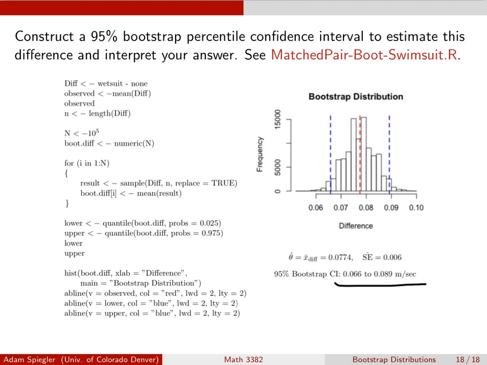And again, what's of significance here is that this interval contains only positive values. So here we get an idea of what would be plausible values for this difference, and this gives me a pretty good, strong indication that that wetsuit was actually causing people to swim faster compared to their times when they were not wearing the new wetsuit.